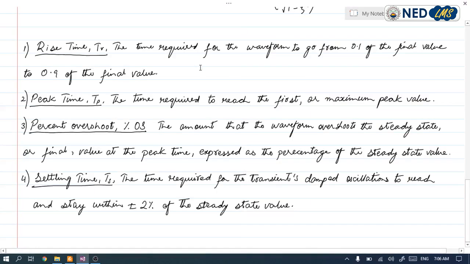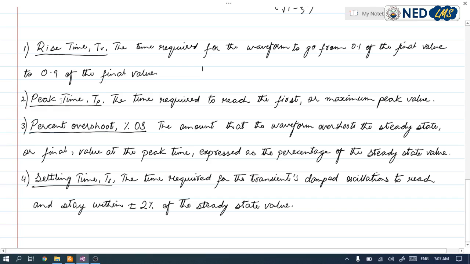First of all, we discuss the definition of rise time, which is denoted by TR. The rise time is the time required for the output waveform to go from 0.1 of the final value to 0.9 of the final value. First we define these terms, and then we will look at the plot to understand their physical meaning.